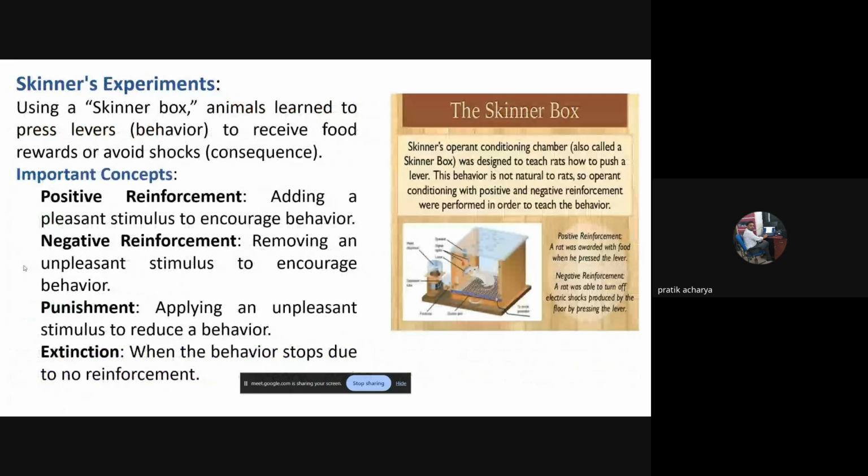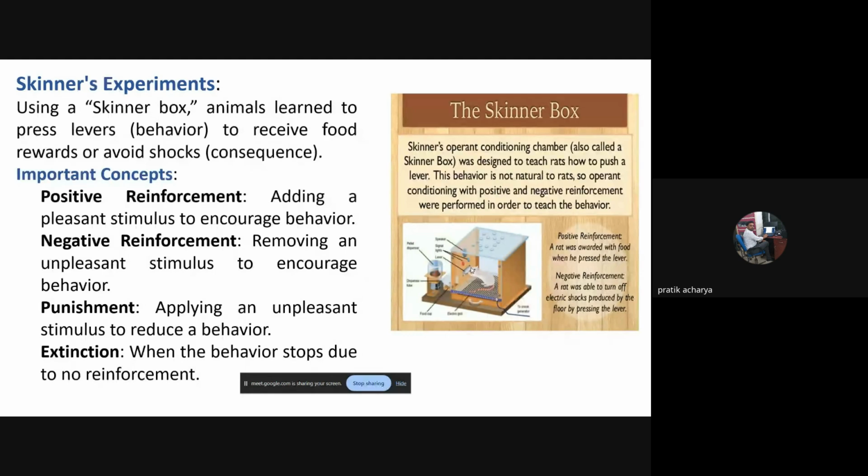This is the experiment by Skinner. This is the box. Here the picture shows the box, and inside the box there is a mouse. When the mouse presses a particular lever, it is rewarded with food.